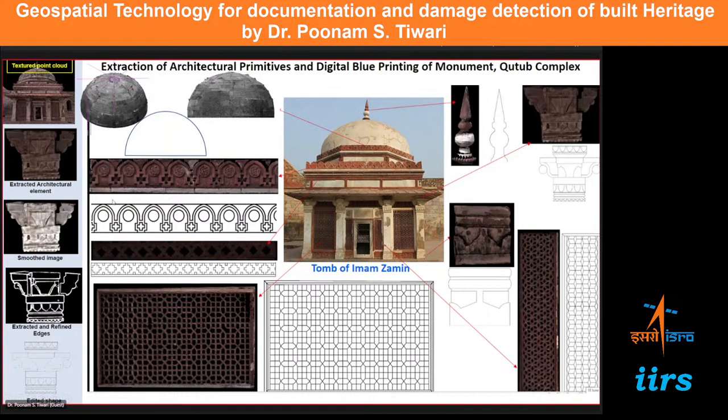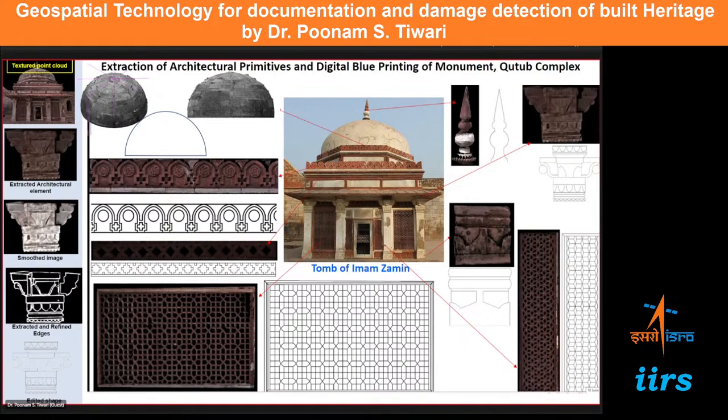Similarly, suppose these are the carvings. What we will do is somehow extract one single piece of the carving, because in historical structures, in historical buildings, there's a lot of symmetry.